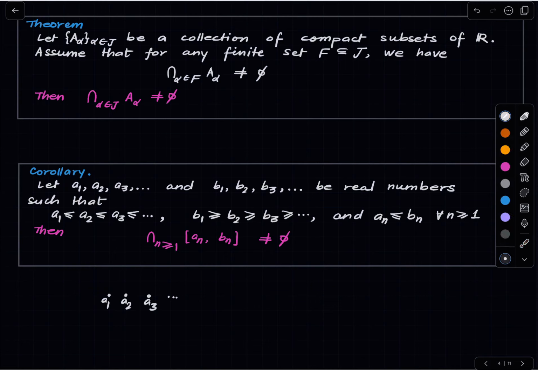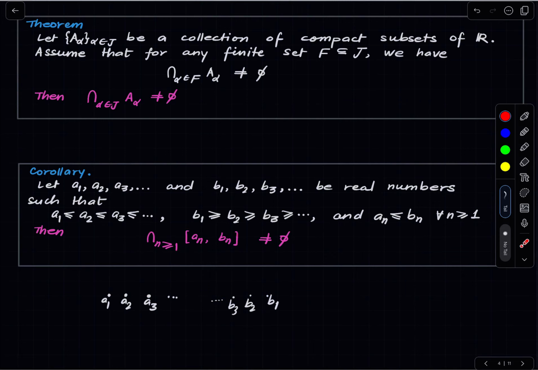At some point, these AIs get exhausted, and here we have B1, B2, B3. Maybe I should put dots like that. And what we are doing is we are intersecting all these closed intervals. So A1 up to B1, A2 up to B2, A3 up to B3, and so on. And this intersection will be non-empty. Why?